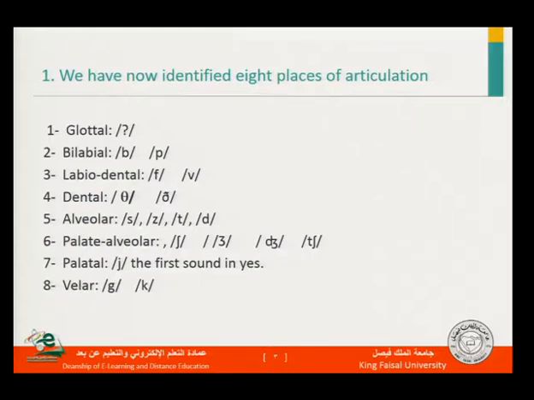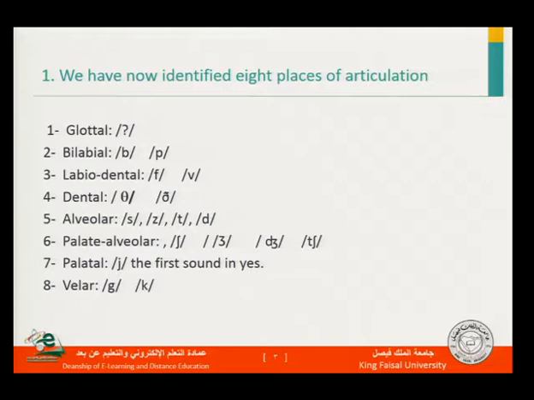The second is zh, which is also a fricative, but the last two are affricates, not fricatives. The j is voiced. And the ch, like church, is also an affricate and voiceless. Keep this in mind, please. So j is voiced, ch is voiceless. J is an affricate and ch is also an affricate, and both of them are alveopalatal or palato-alveolar.